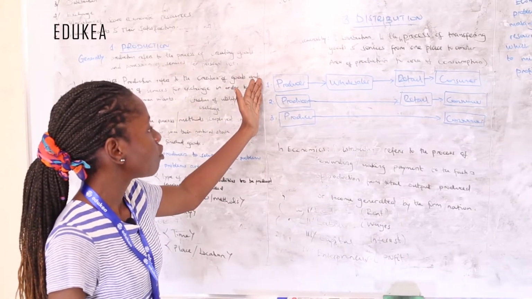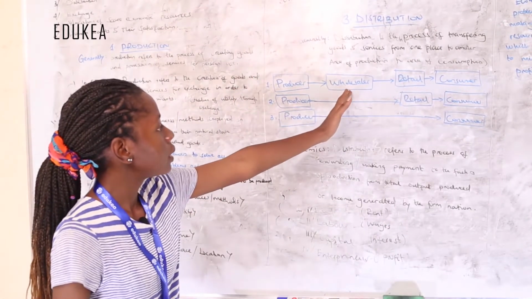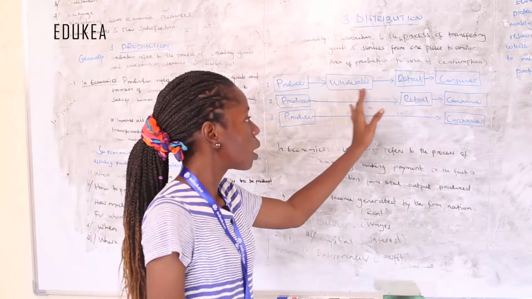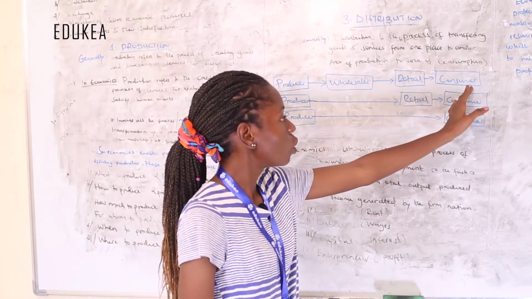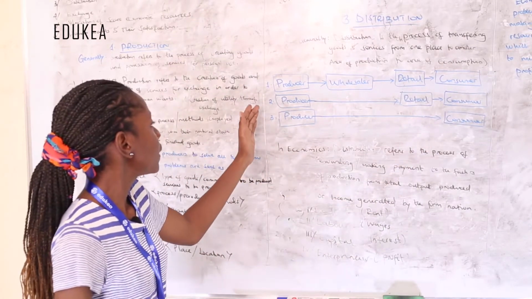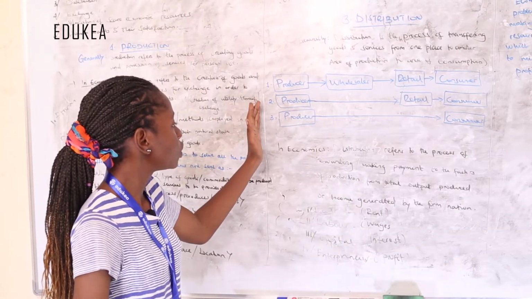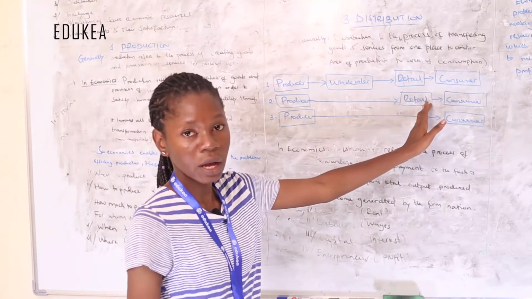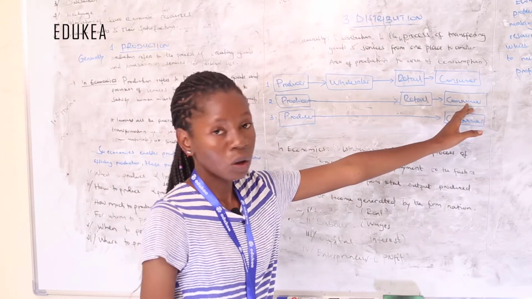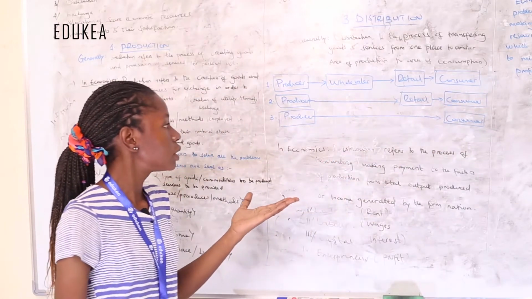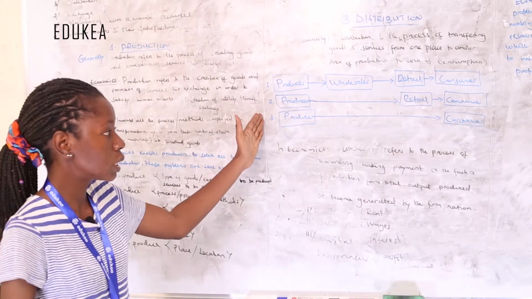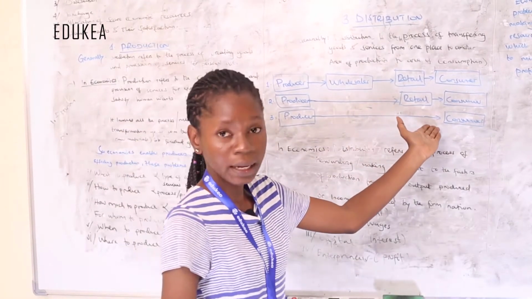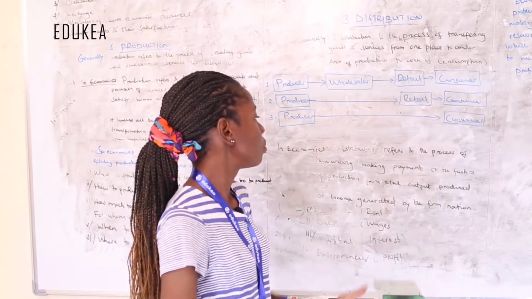Tunaweza tukaanzia from producer, tukazidistribute kwa wholesaler, tukapeleka kwa retailer na consumer. Lakini tunaweza pia tukaruka hii stage tukapeleka moja kwa moja kwenye retailers then consumer. Lakini pia tunaweza tukadistribute from producer tukapeleka direct commodity kwa consumers.